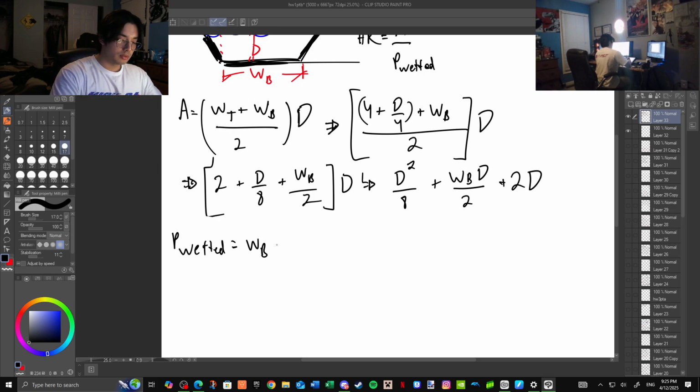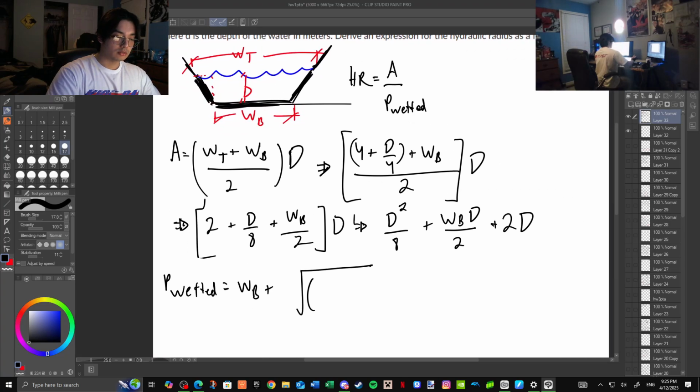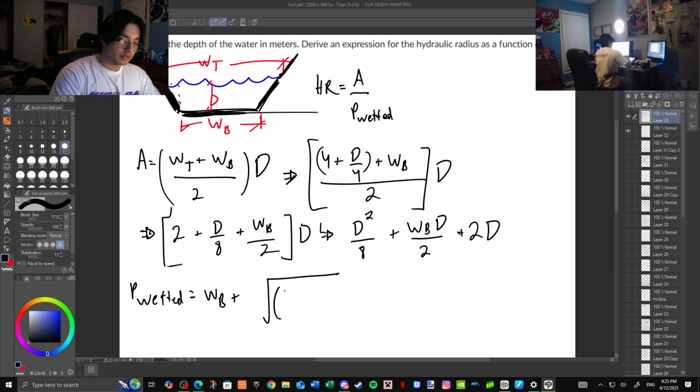With it being a case of the Pythagorean theorem, we need a square root in order to get the actual length. Here a squared would be the width of the top minus the width at the bottom, all over 2, squared, and b squared is just d squared. This will give us the length of one side. But since we need both sides, we're going to multiply this by 2.